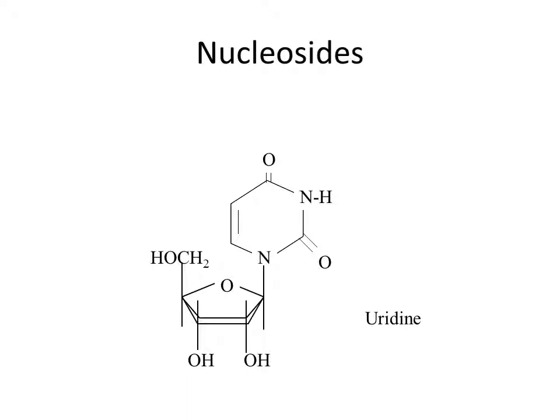It is not found in DNA. This is deoxythymidine, and you see that thymine is attached to deoxyribose. We only find deoxythymidine in DNA. We do not find thymidine in RNA, and so we don't ever see the thymine attached to a ribose, only to deoxyribose.